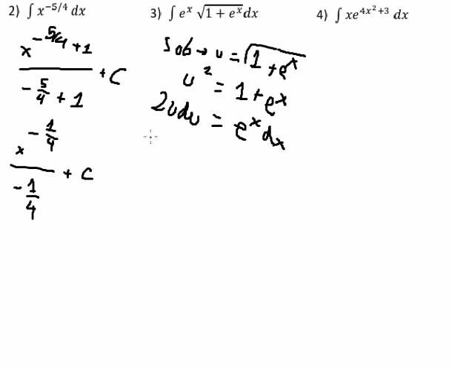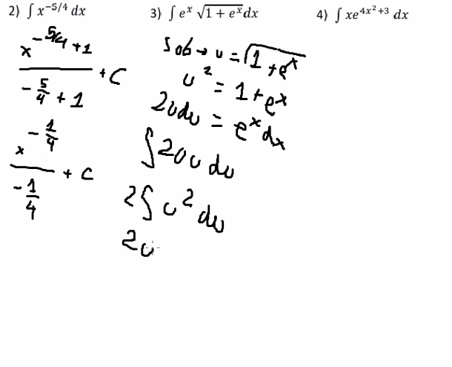So the square root we change for u, e to the power of x dx we change for 2u du. So you get number 2 in here, and you get u squared in here. So you get 2u to the power of 3 over 3 plus c.